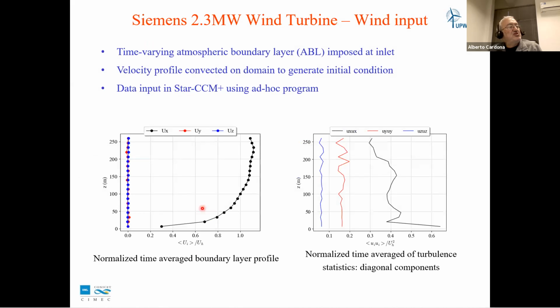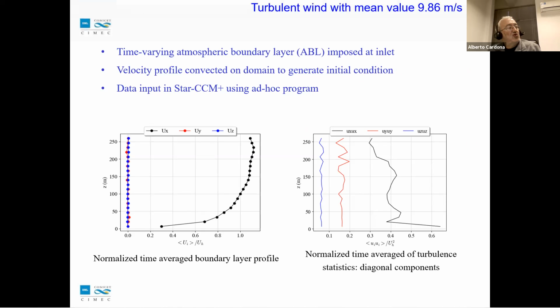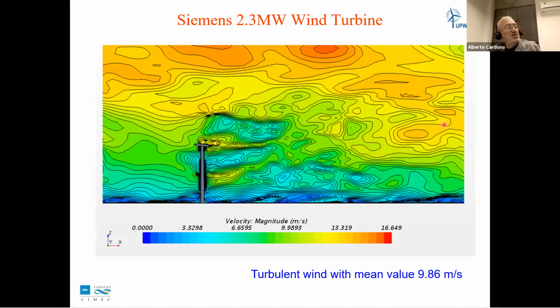The time varying conditions were imposed in this way. This is a normalized, time varying atmospheric boundary layer imposed at the inlet. And also this velocity profile from the inlet was convected on the domain to generate initial conditions, that is, to generate varying velocities all along the computational box from the beginning, in order to accelerate the computations.